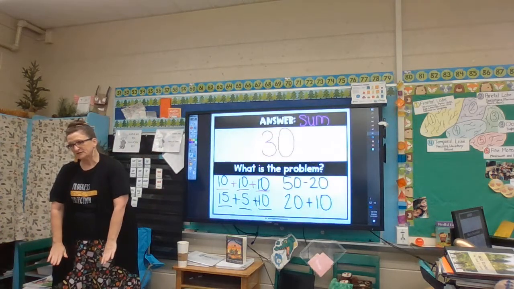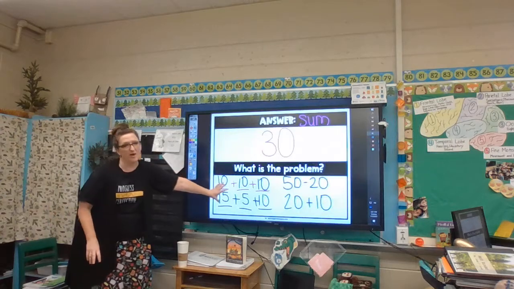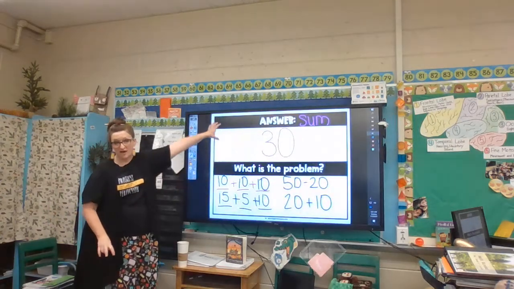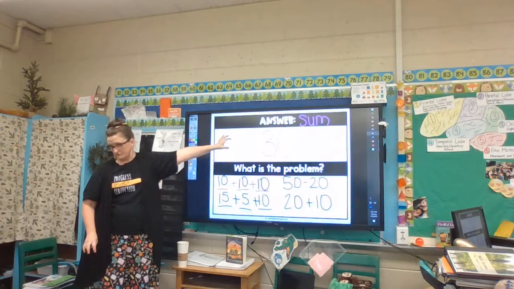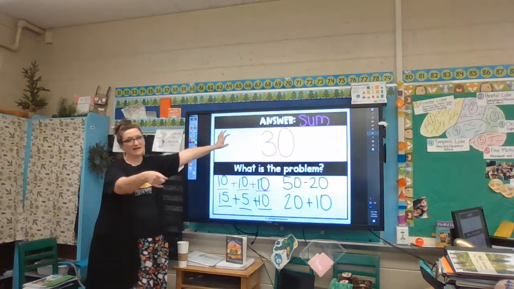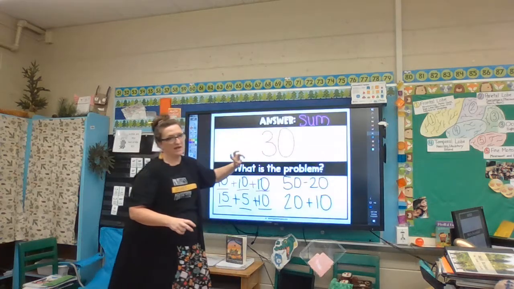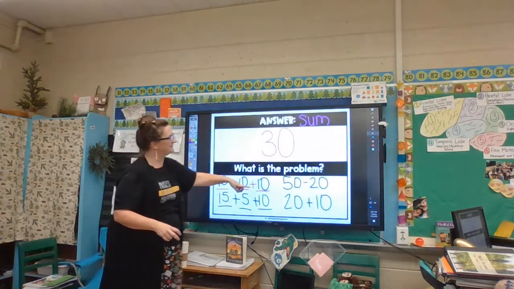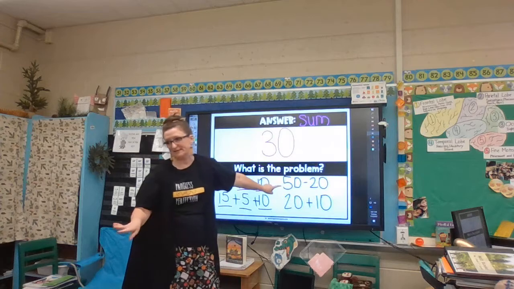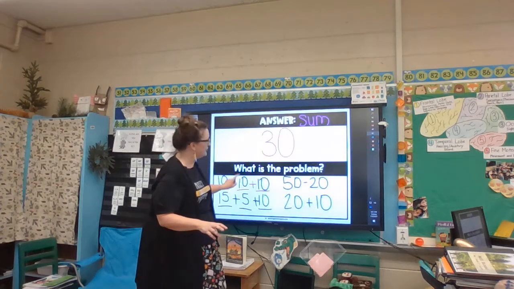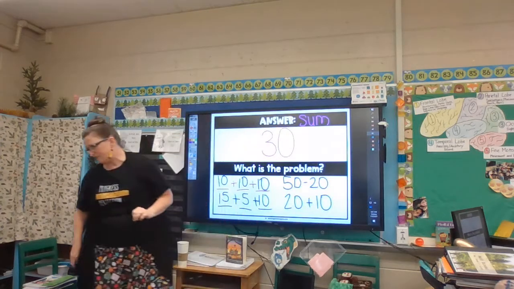Hadley, let's listen. Do all of these problems have the same sum? Yes. Why? What does sum mean? It means the answer. Right. All the addition problems have the same sum. Now, the subtraction would be different. But all of the addition problems have the same sum of 30.